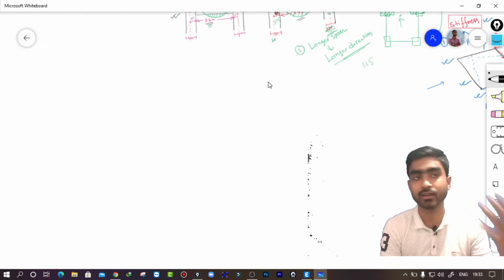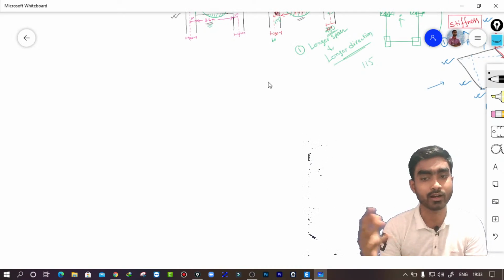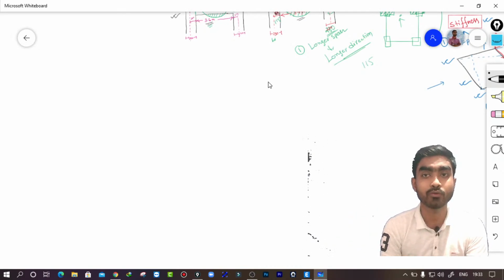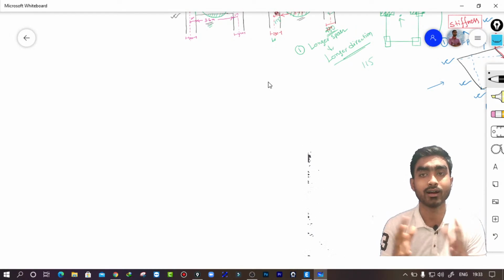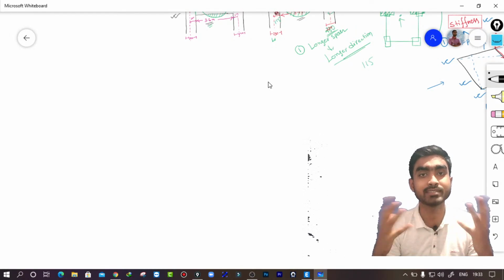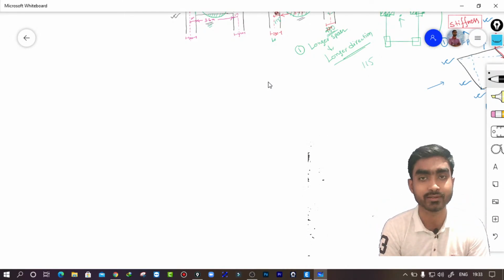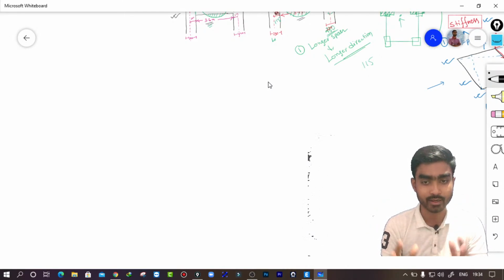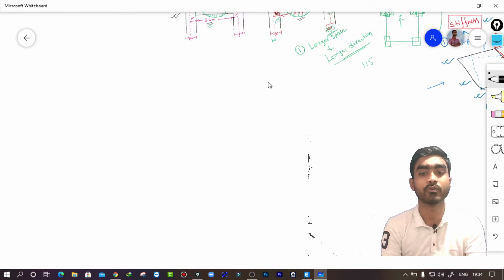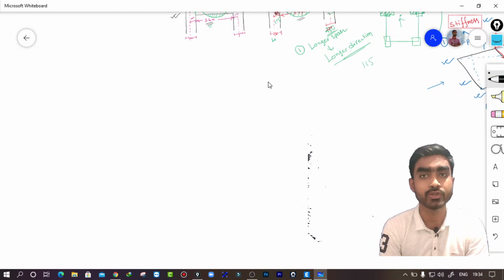Okay, there might be earthquake load, there might be wind load, but what will be the basic deformation, or what will be the basic response of that structure, whether it is going to take a rotational move, whether it is going to take a translational move. Okay, and there are some recommendations in the codes which we have to follow for doing the modal analysis actually. So let's get started.